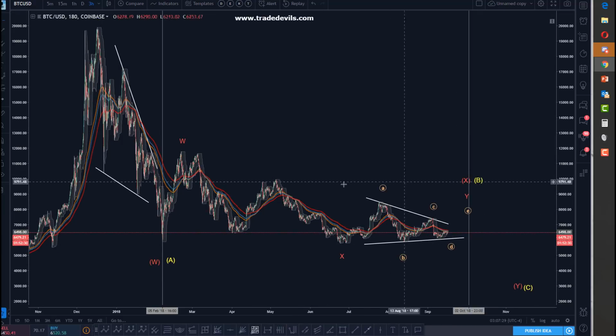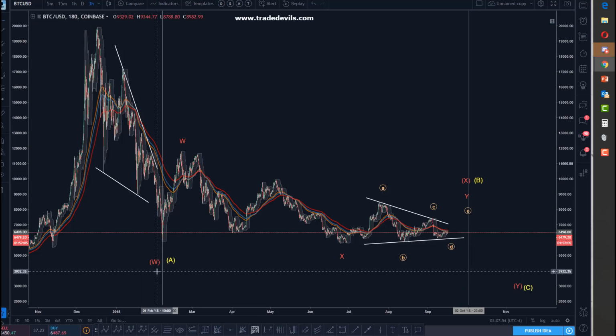Now B, as you know, can be a double 3. Can an X? And the answer is yes. The only leg within a combination pattern or double or triple zigzag pattern in Elliott Wave Theory that can itself be a WXY, meaning a double 3 or a triple 3 even, WXYXZ, or a double zigzag or triple zigzag, is the X wave.